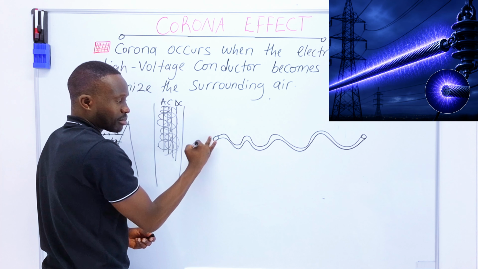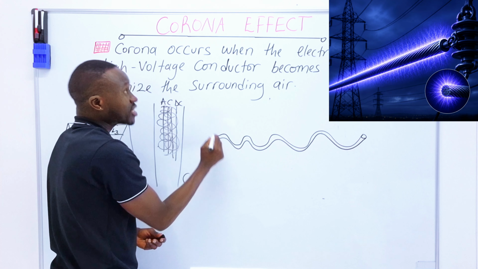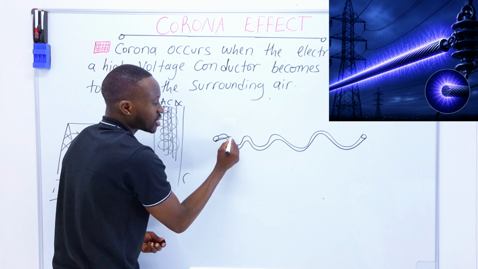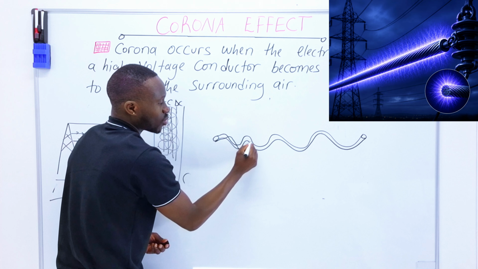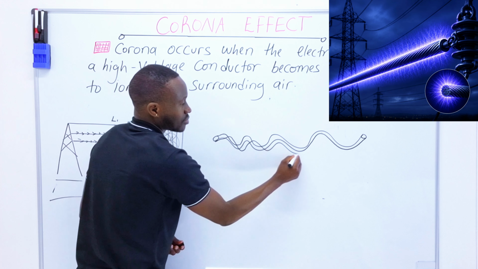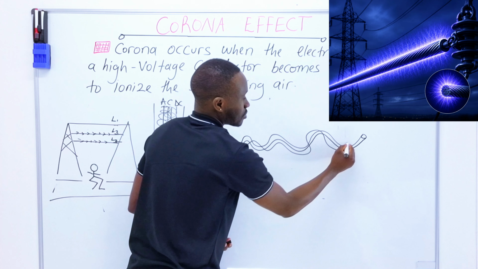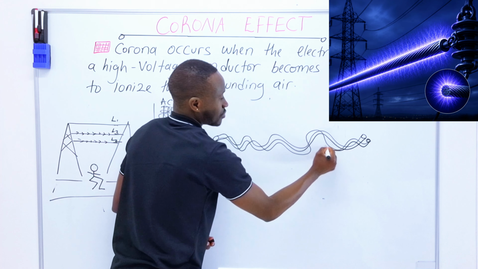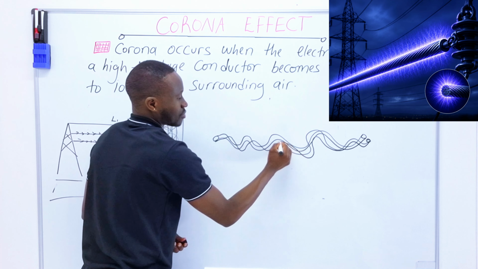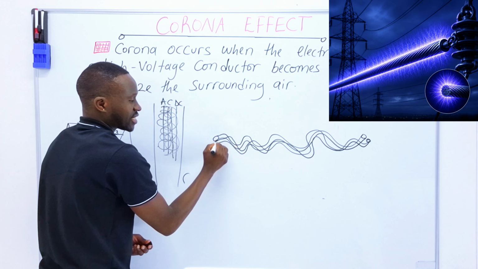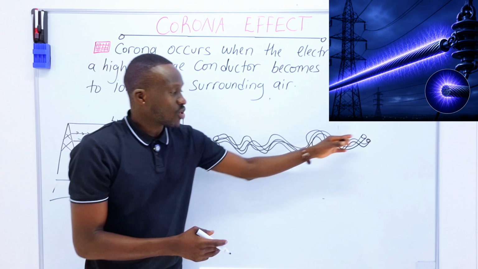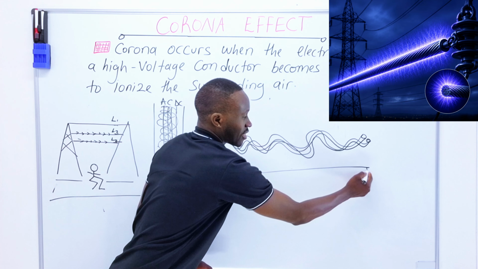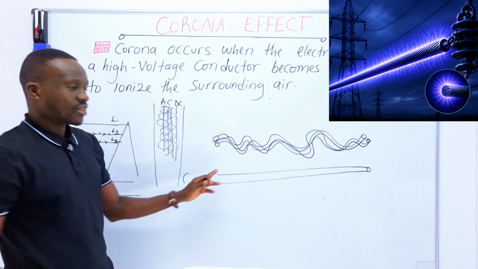One end is not sharp. To avoid the corona effect, they get another one which also twists around this one, like this. It becomes one conductor.